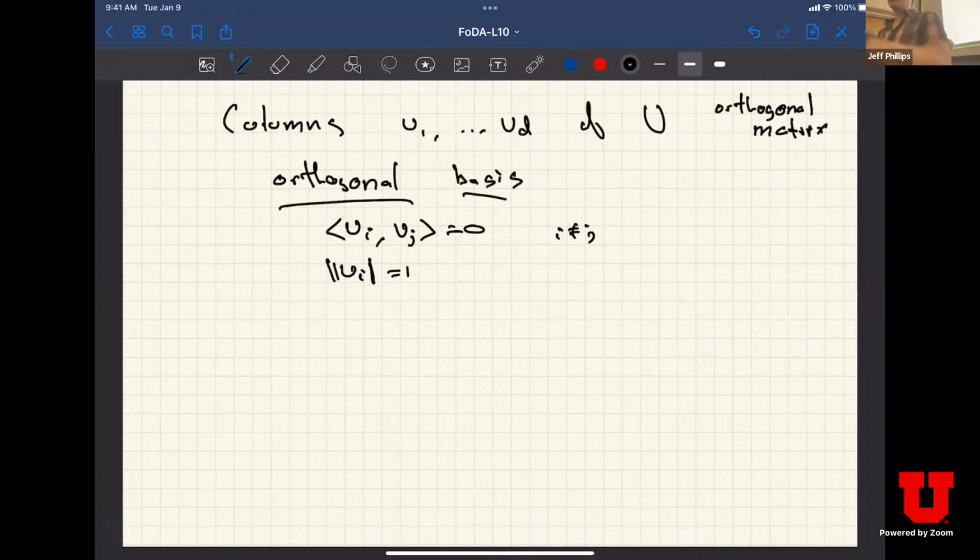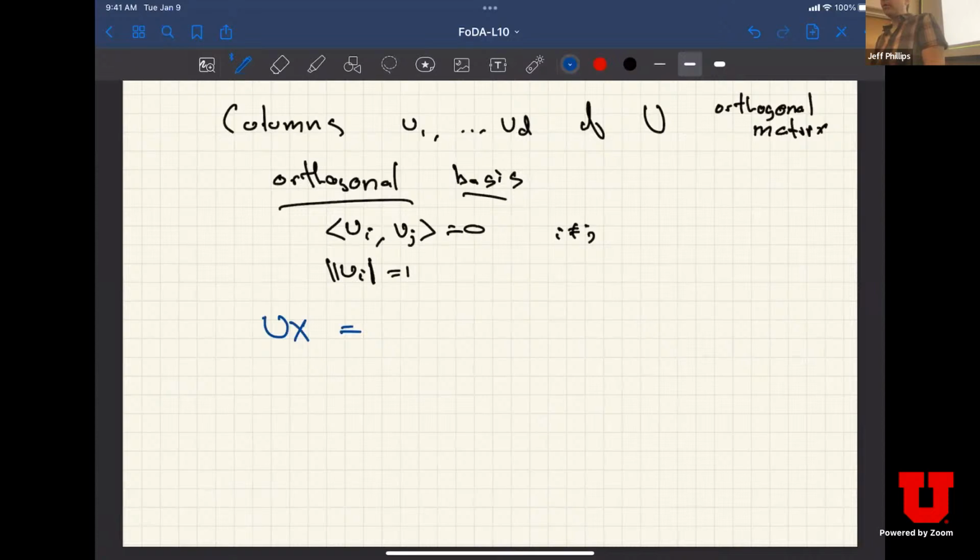It also means that, and we will go through this again, if I have any vector x and I multiply it, I do U times x.